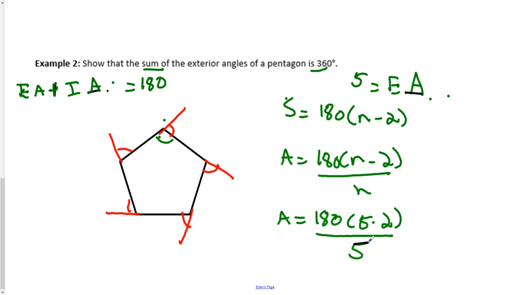So you'll go 5 minus 2, because remember BEDMAS, you do the brackets first, your order of operations. You're going to multiply that by 180, and then divide that by 5. And there you go. You should get 108 degrees.